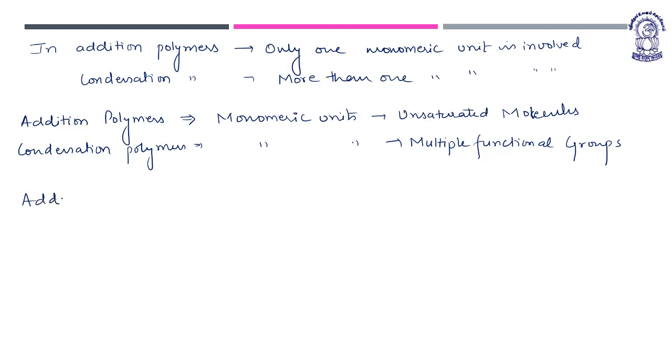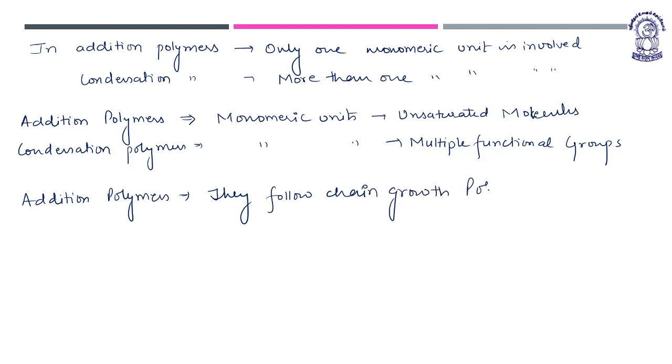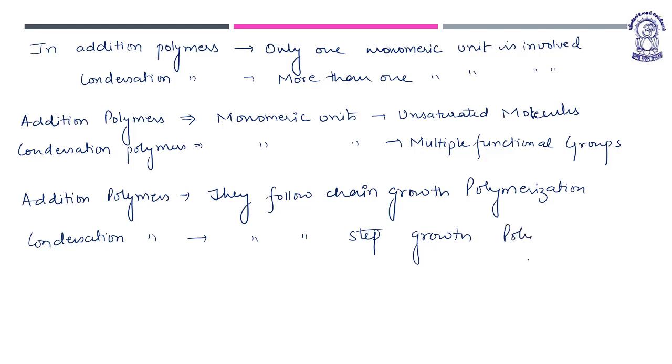Addition polymers follow chain growth polymerization, while condensation polymers follow step growth polymerization. Understood?